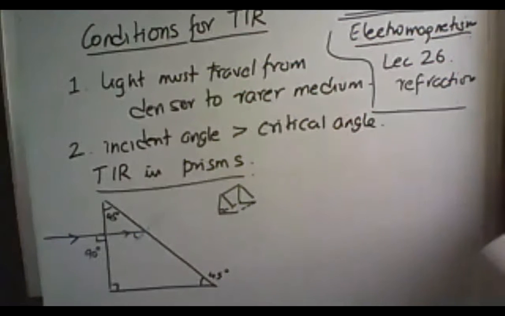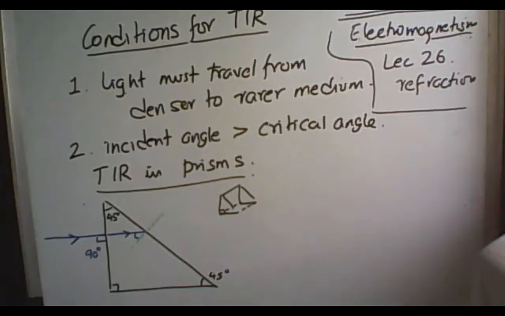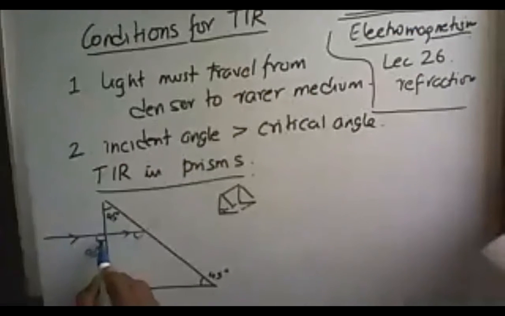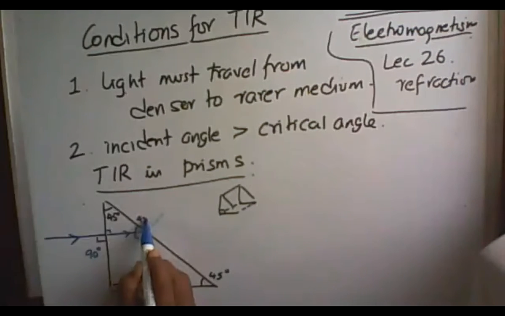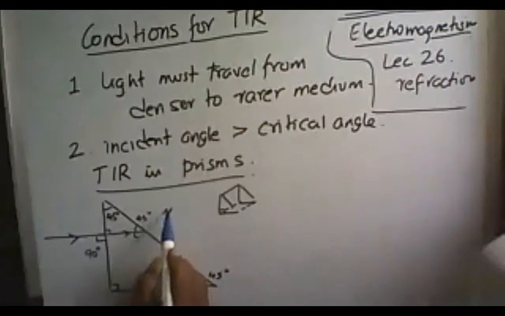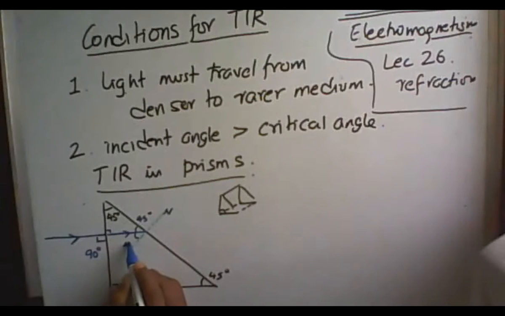Now you have to apply a little bit of your knowledge of geometry to this. Work out the angles of this prism. If this is 90 degrees, then obviously this is also 90 degrees. If this is 45, then this is also 45. If this is 45, then this being the right angle, you see this is the normal. This is also 45.